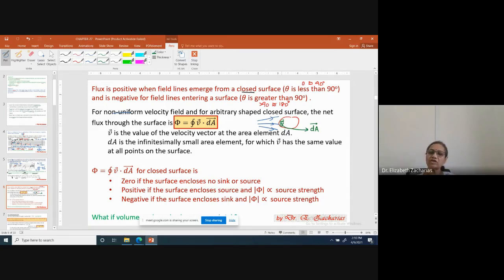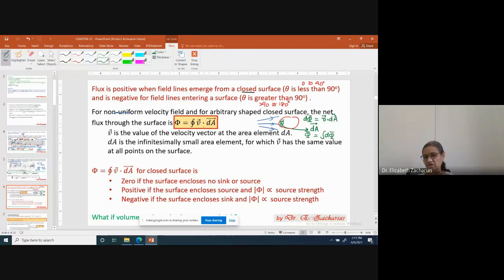So the flux for that small bit will be d phi equal to velocity dot dA. Now I want the flux for the entire closed surface. So what should I do? I have to do integration. So flux is equal to integral d phi, which becomes integral v dot dA.